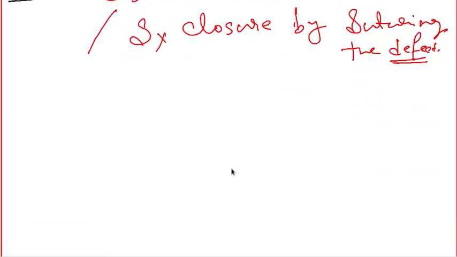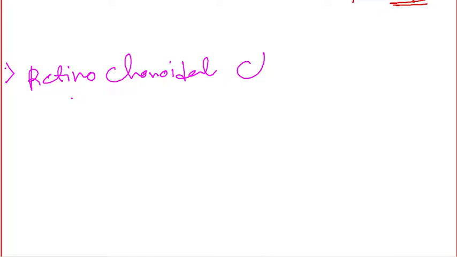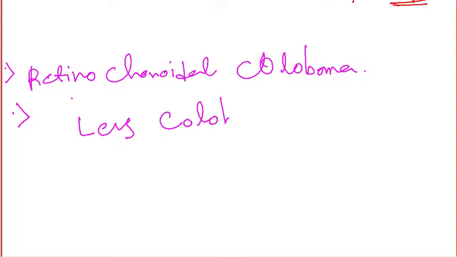The other types of colobomas are retinochoroidal coloboma and lens coloboma.